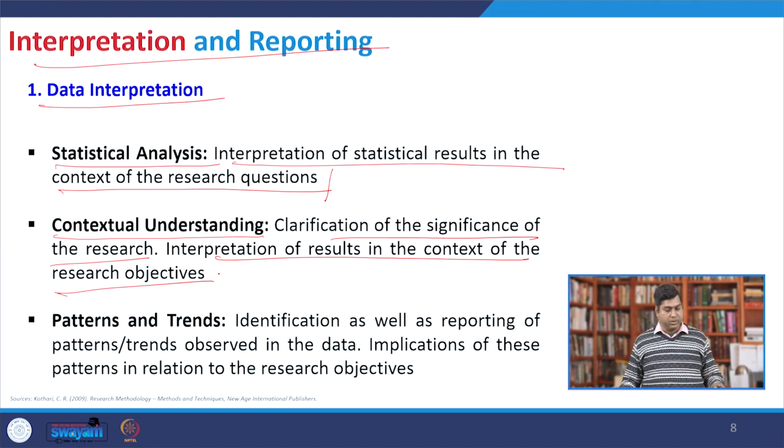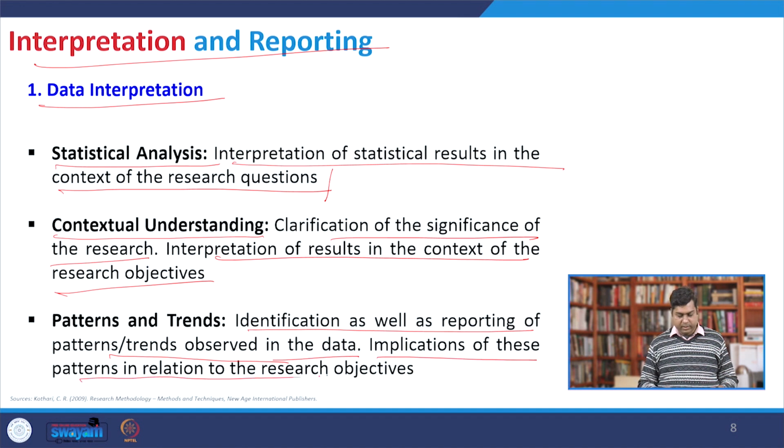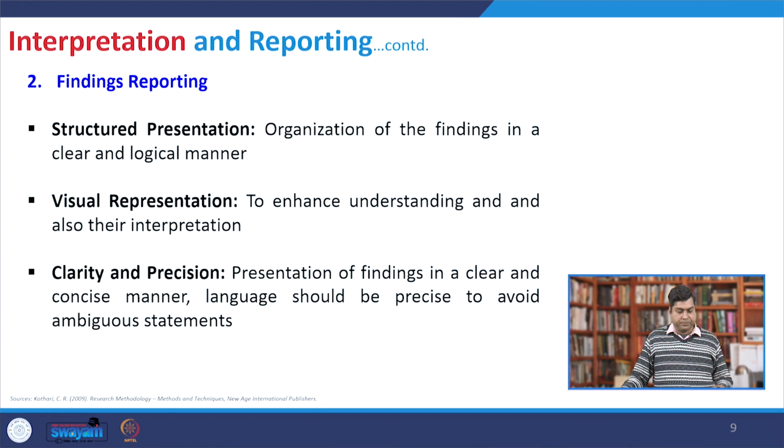We need to identify patterns and trends, report the trends observed in the data, and discuss the implication of this pattern in relation to the objective. Whatever your research question and objectives are, based on that we go for data interpretation.